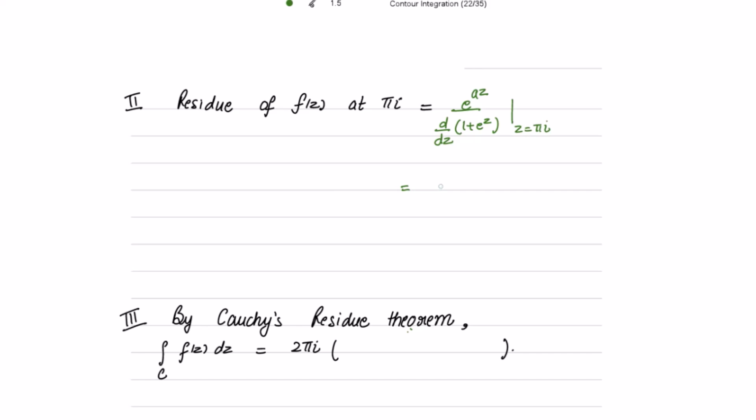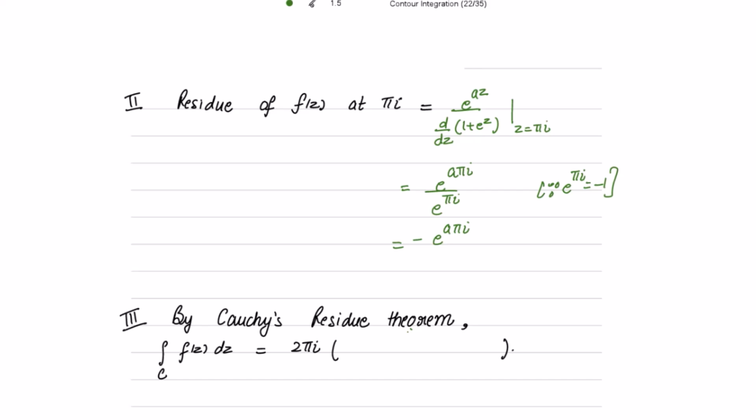So this is equal to e to the power a, writing the value of z as pi iota, and when we differentiate this we get e to the power z. So again putting the value, this is e to the power pi iota, and e to the power pi iota is negative 1. We all know that this is negative 1. I have already explained this in the previous video. So this is e to the power a pi iota with negative sign.